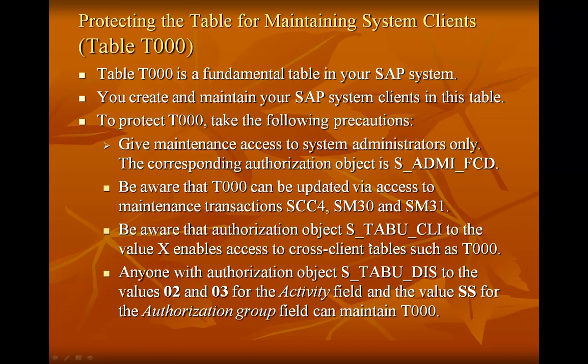So if you give someone SM30 access to maintain this table, then tabu_cli should be X and tabu_dis should contain the values 02 and 03 in the activity field, and in the authorization group field the value should be SS. Then you can maintain this table using SM30.